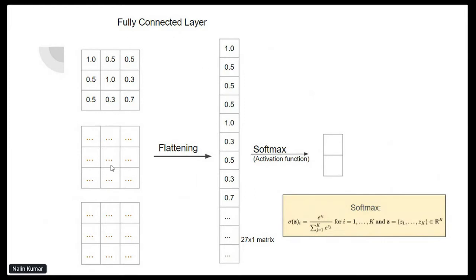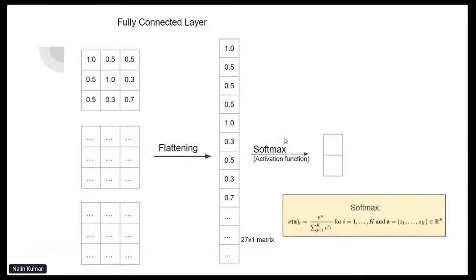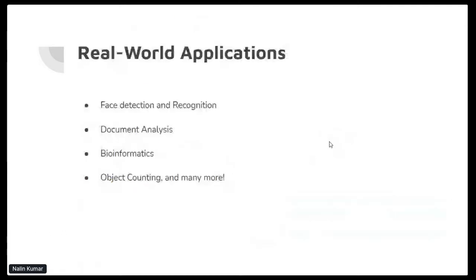We flatten all three matrices into one n cross one dimensional matrix, and then we apply the softmax function, which gives a probability distribution on whether the image contains X or not, for this particular example.